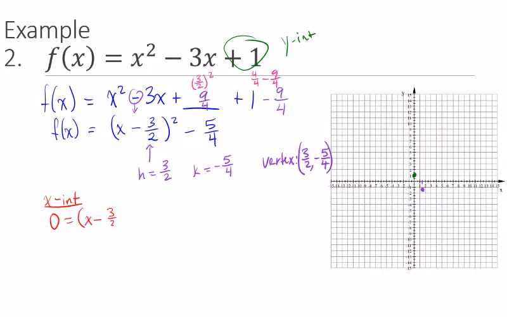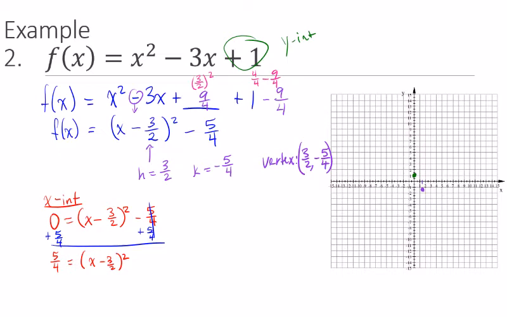Keep it in vertex form. So then what I'm going to do is add 5/4 to both sides. So we get 5/4 equals the quantity of x minus 3/2 squared.